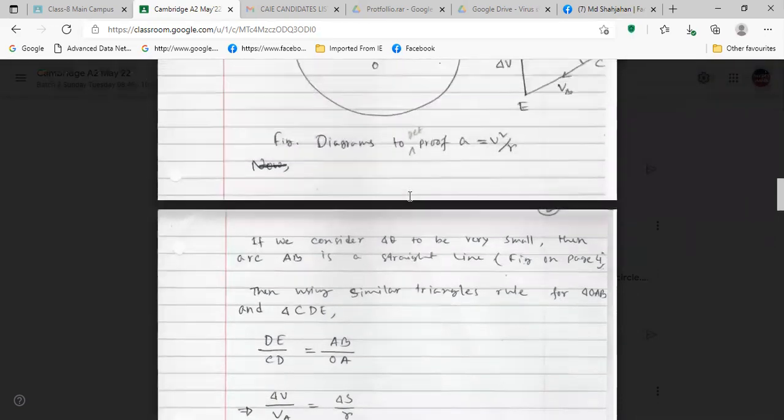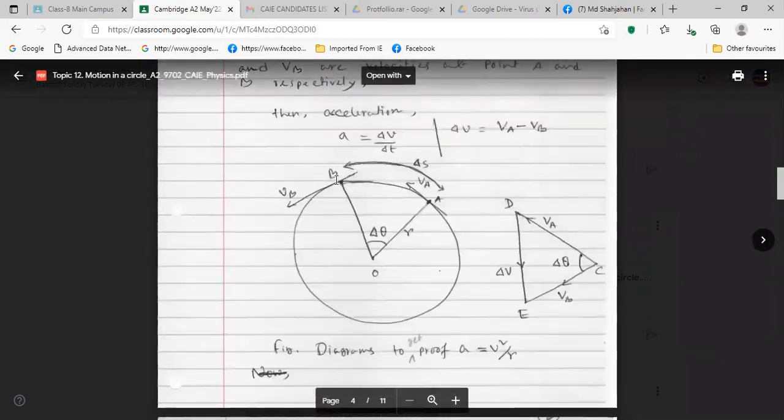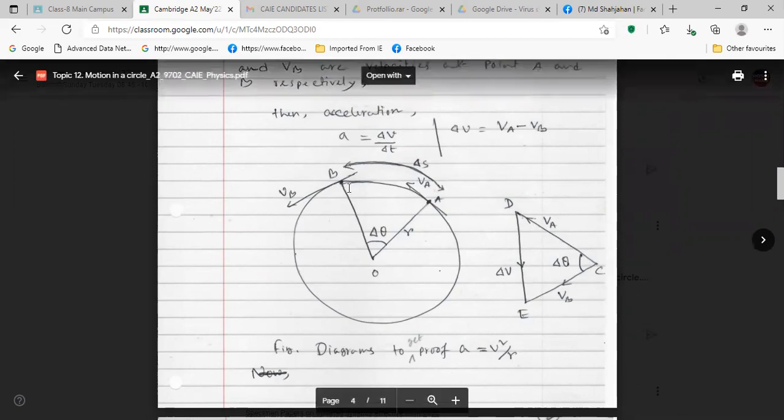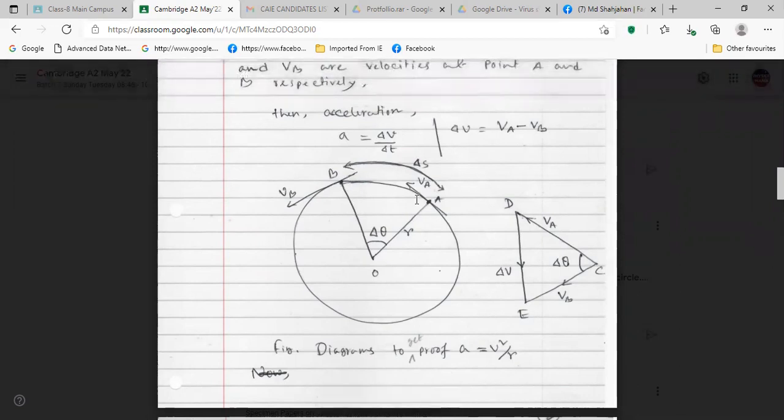So this arc is a straight line, right? We are considering it a straight line. How? I can give you one example. Like the earth is round shape, right?